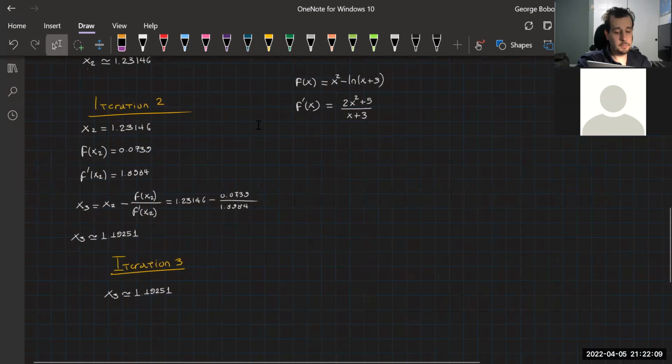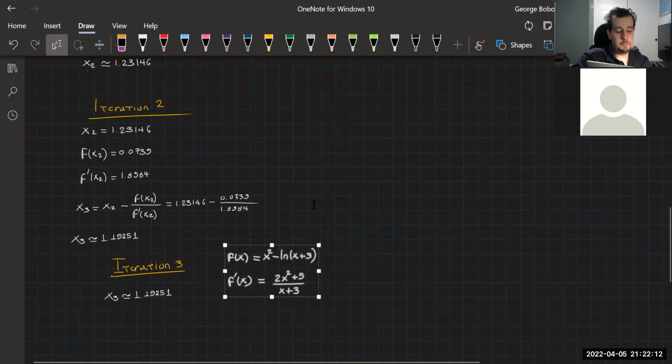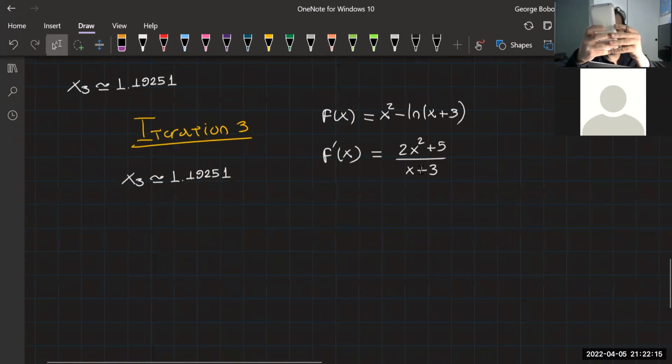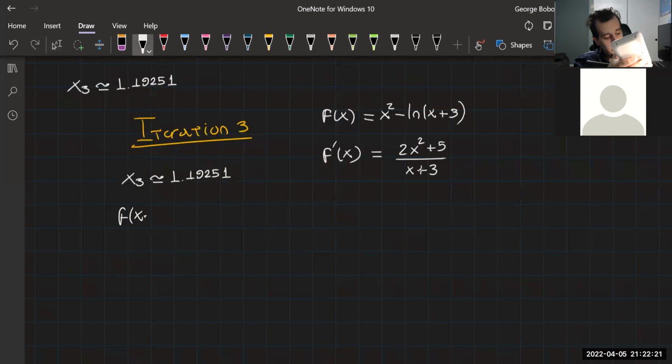I'll keep this number in memory. Bring my functions down here, and for the first one, for f of x3, I'll have 1.19251 squared minus ln of this number plus 3, negative 0.011222, okay?